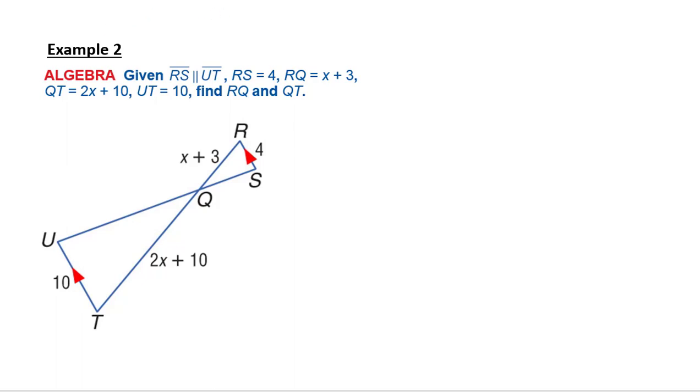Okay, so let's see if these triangles are similar. I have parallel lines. I have a transversal, so angle T is equal to angle R. I have vertical angles congruent. So I know triangle RSQ is similar to triangle TUQ.